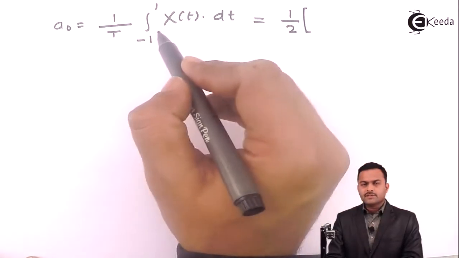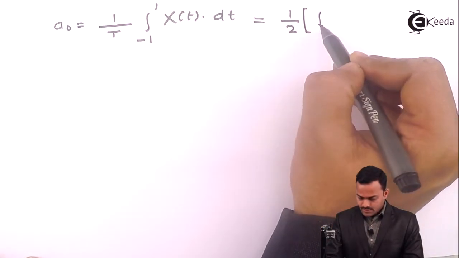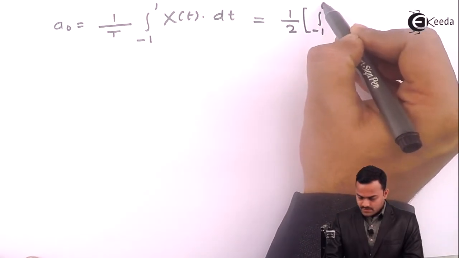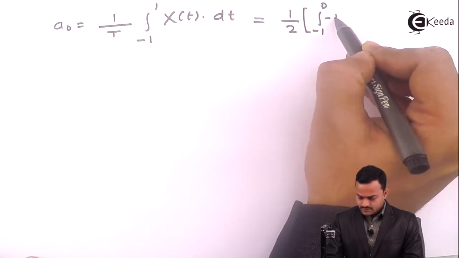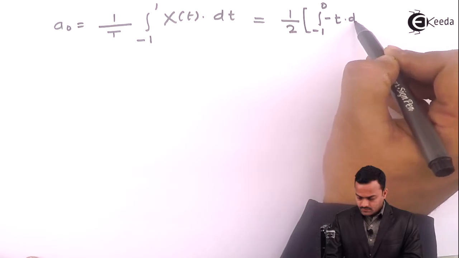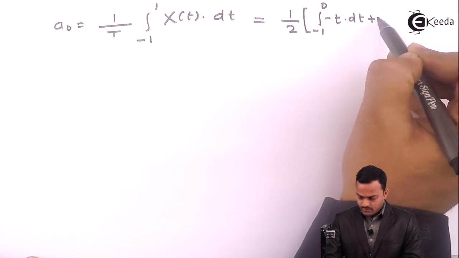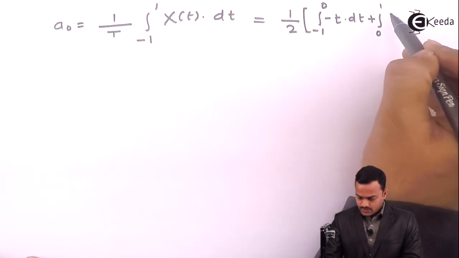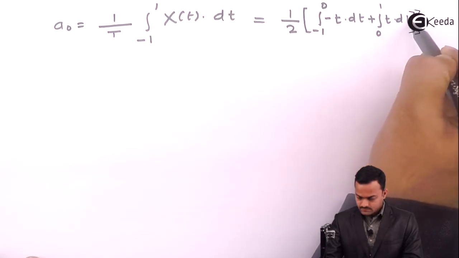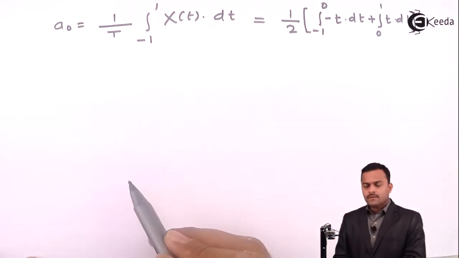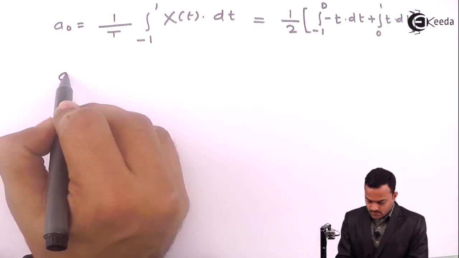But the problem with x of t is that from minus 1 to 0 it is minus t, and from 0 to 1 it is t. So let's solve this.